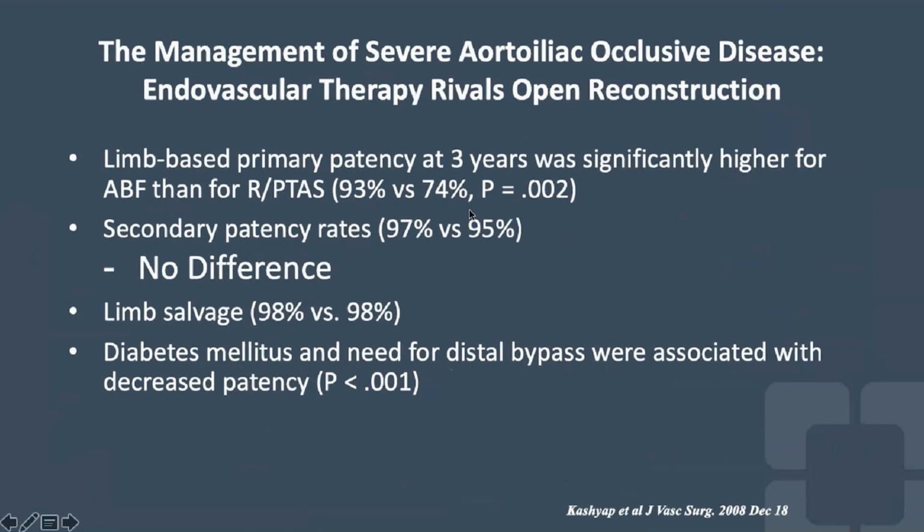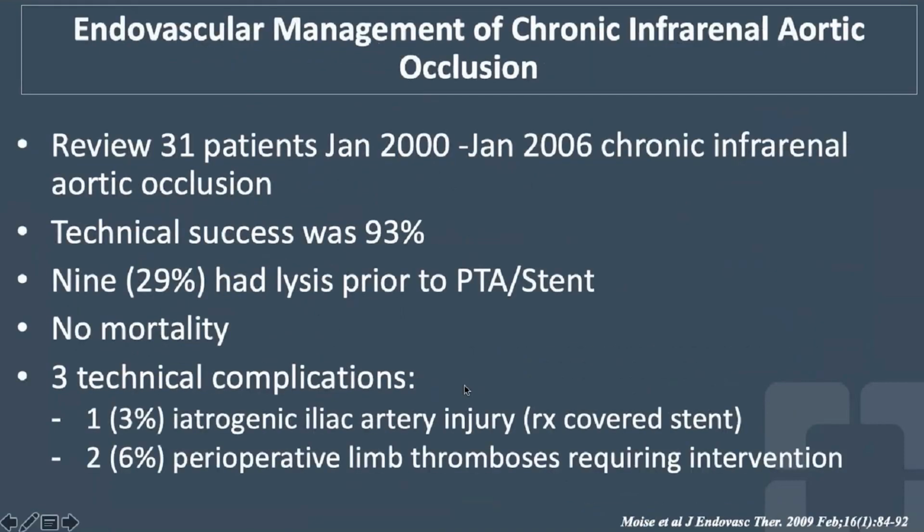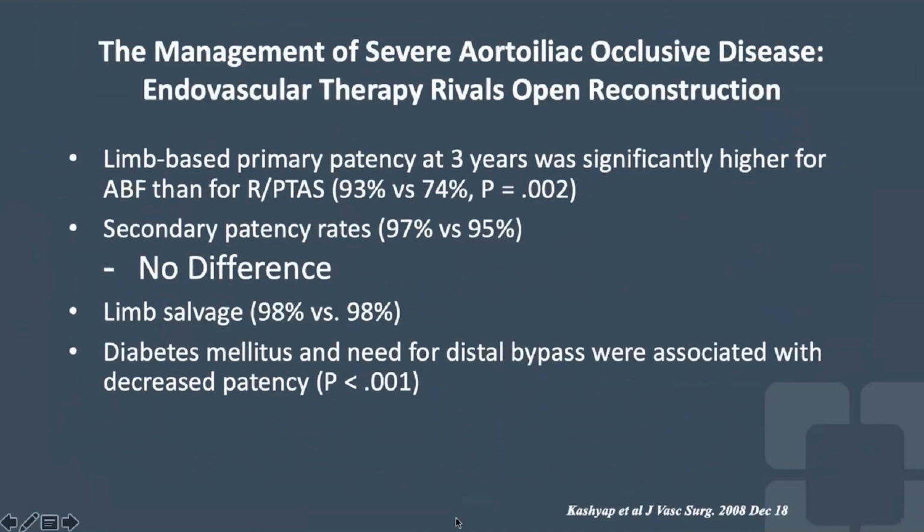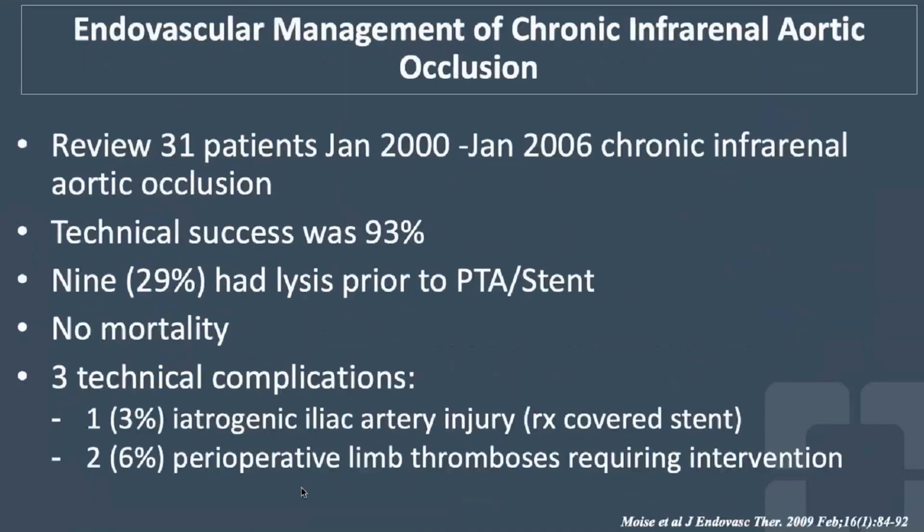But with secondary patency rates, there was no difference. So with a further procedure keeping these stents open, there's no difference in patency. Limb salvage was equal at 98%, and diabetes mellitus and the need for distal bypass were associated with decreased patency.